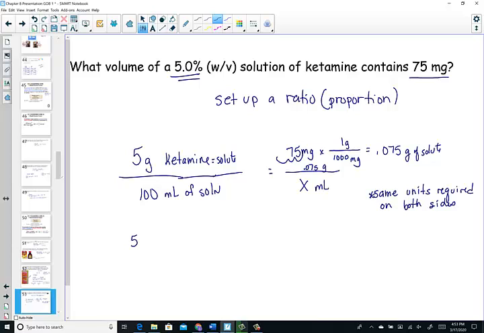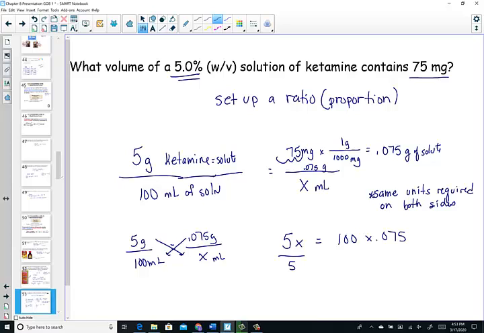So we have 5 grams over 100 mils set equal to 0.075 grams over x, where x is going to be the volume we're solving for. Now remember, we just cross multiply when we're pulling out the x when we set up a ratio. So 5x will be equal to 100 times 0.075.